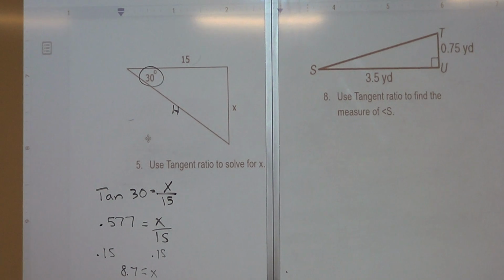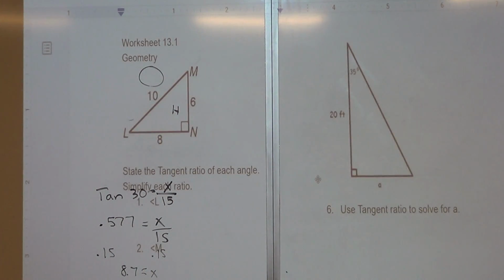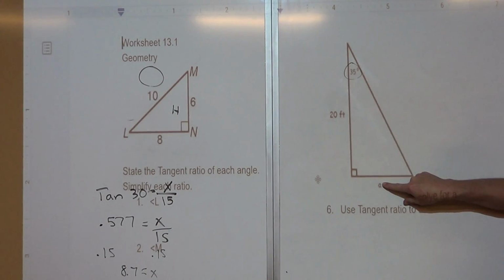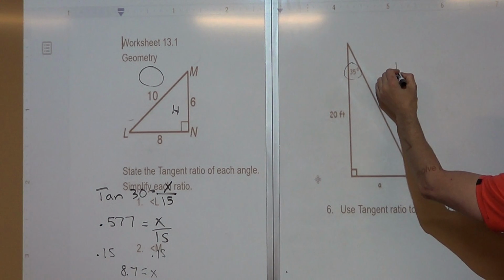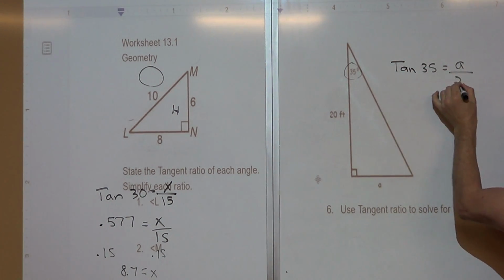When you come to the other ones, so when I come up here to set up this one, again, use tangent ratio. My angle is 35 degrees. The opposite side would be A over 20. So I'd say tangent 35 equals A over 20.